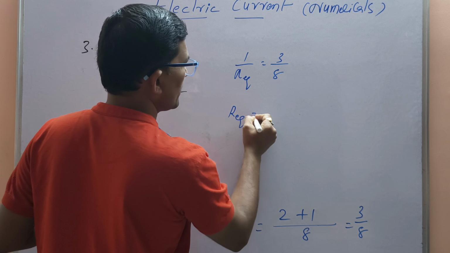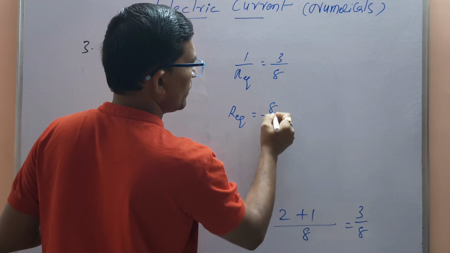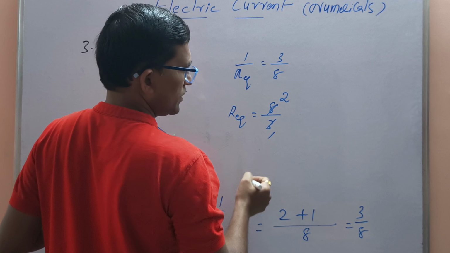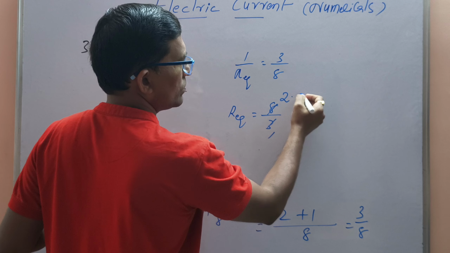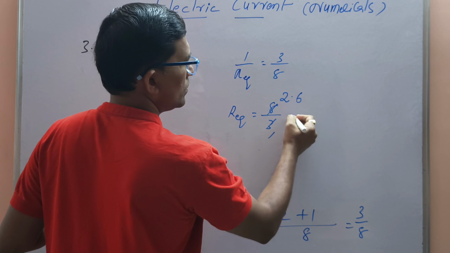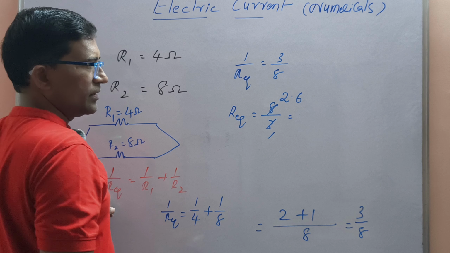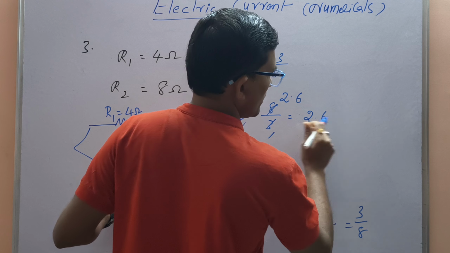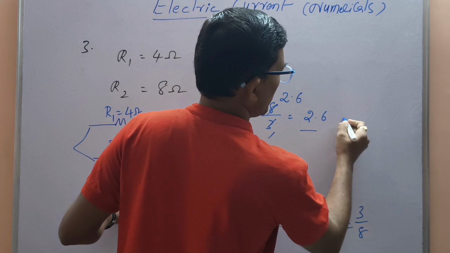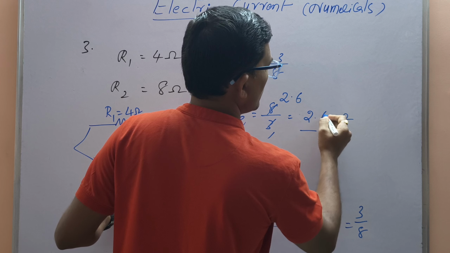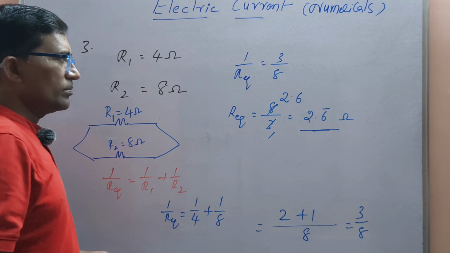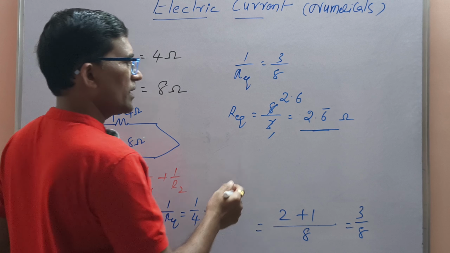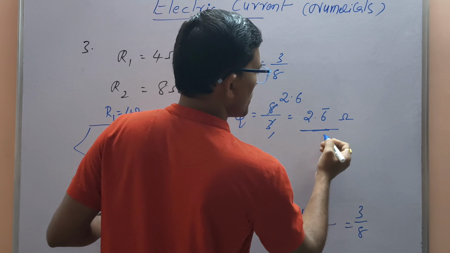Then R equivalent resistance is equal to 8 by 3. 3 twos are 6, remainder 2. 3 sixes are 18. That is 2.66, 2.6 recurring ohm. So this is the equivalent resistance, R equivalent is 2.6 ohm.